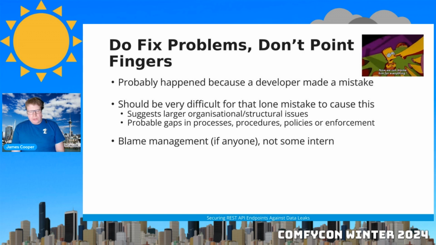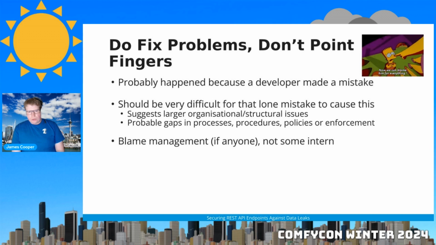And another point I want to emphasize with all this, of course, is that when you get a situation like this and you're responding to it, and once you're done responding to it and later on, don't sit around trying to blame someone and say, oh well, it was security's fault, or it was the developer's fault, or it was the tester's fault for not finding it, or anything like that. Just don't do that.